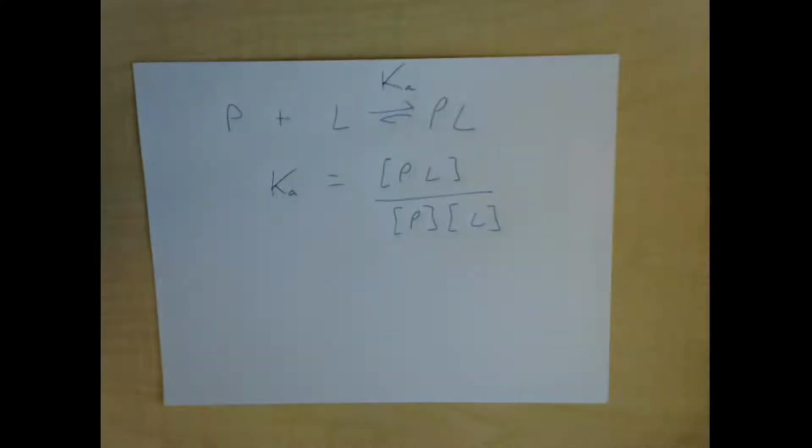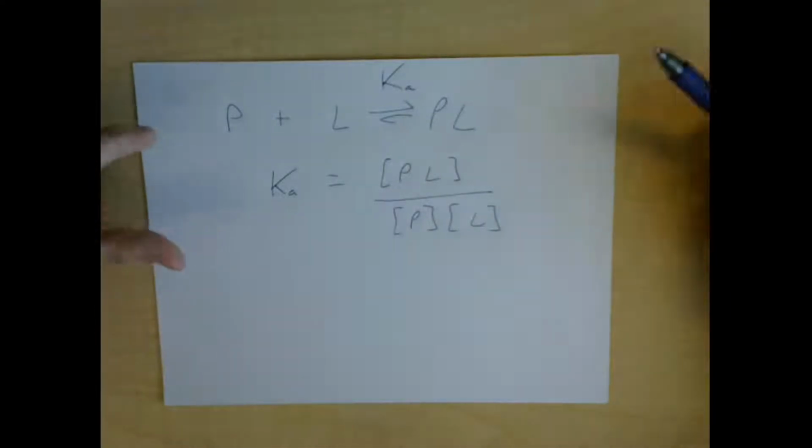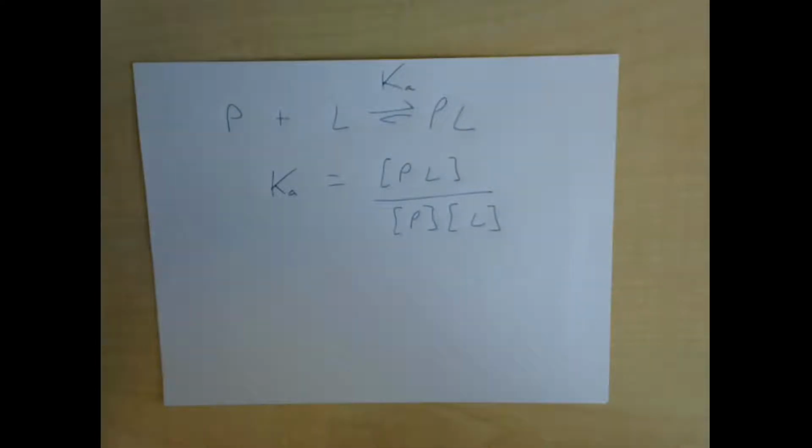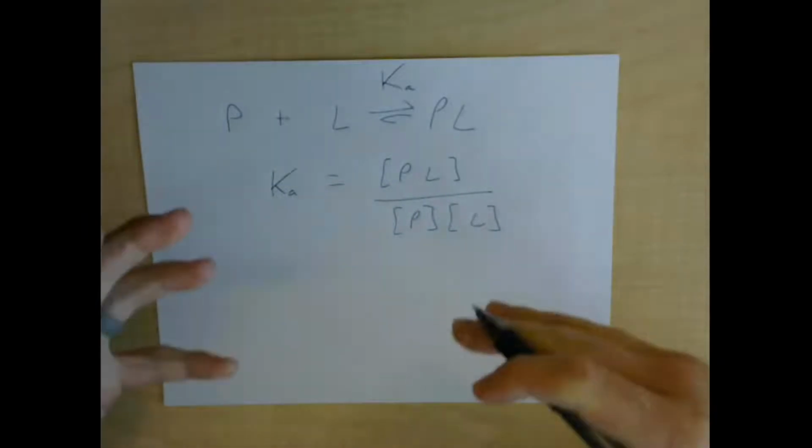Now what I'm going to do is use this information to derive a parameter that is referred to as the fractional saturation. Before I do this, I want to remind you of something. This is an association equilibrium constant.